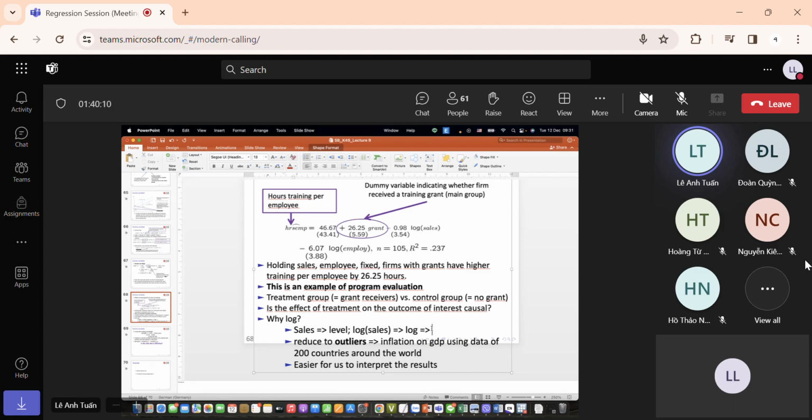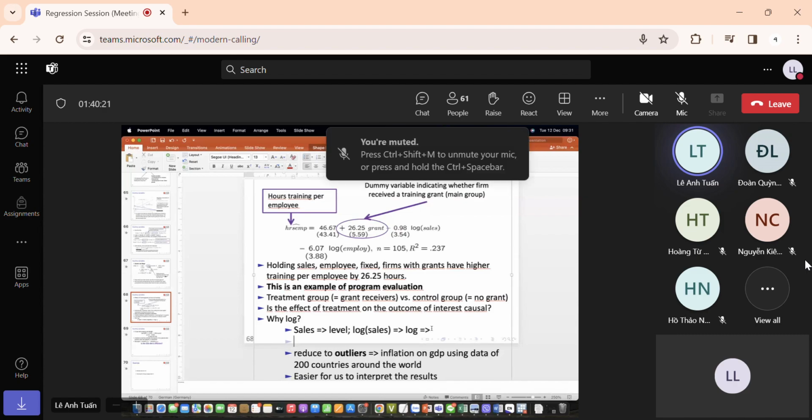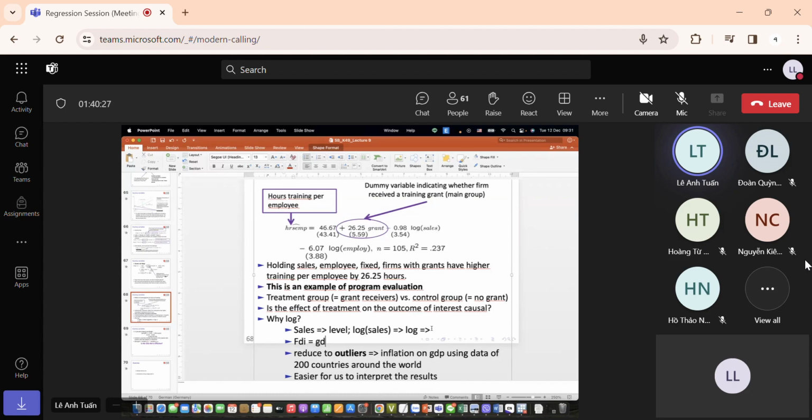For example, suppose we would like to investigate the effect of FDI on GDP. We have GDP equal to A plus B FDI. But you can see the GDP of one country is very large.